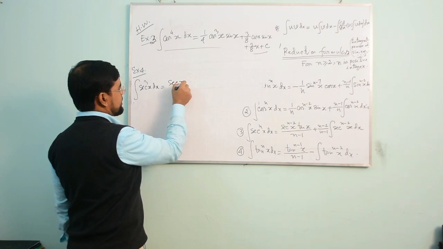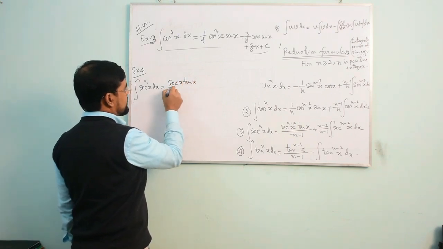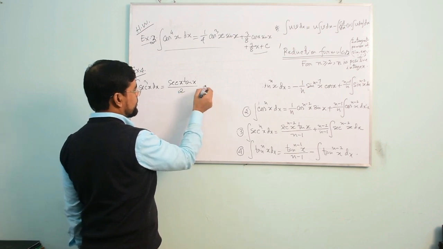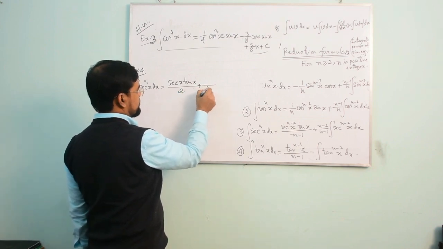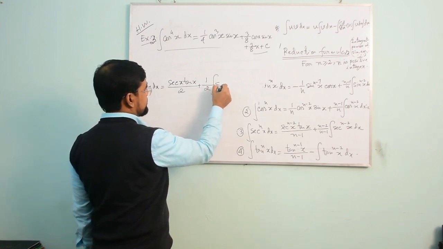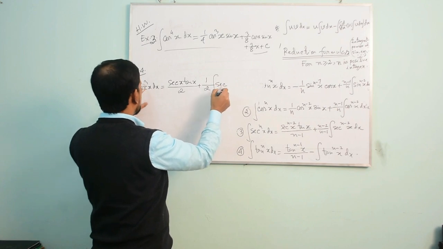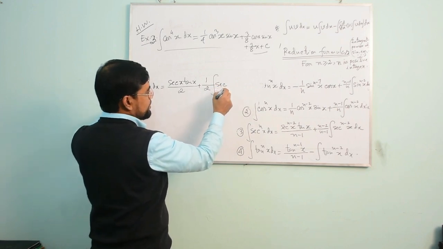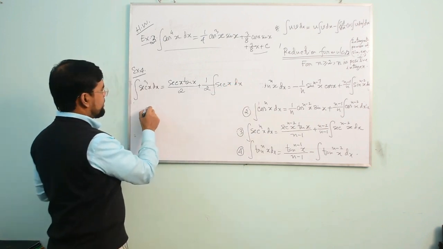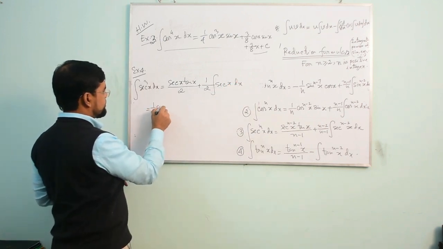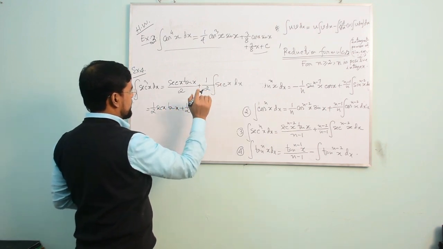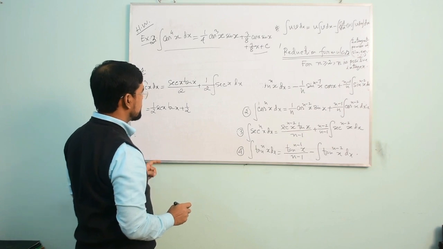So it means sec x tan x divided by 3 minus 1, plus 3 minus 2 over 3 minus 1, integration of sec to the power 3 minus 2, that is sec x dx, which is equal to half sec x tan x plus half integration of sec x. What is the integration of sec x?